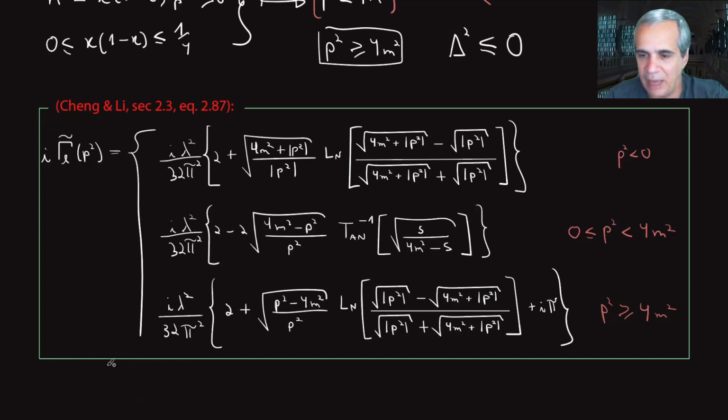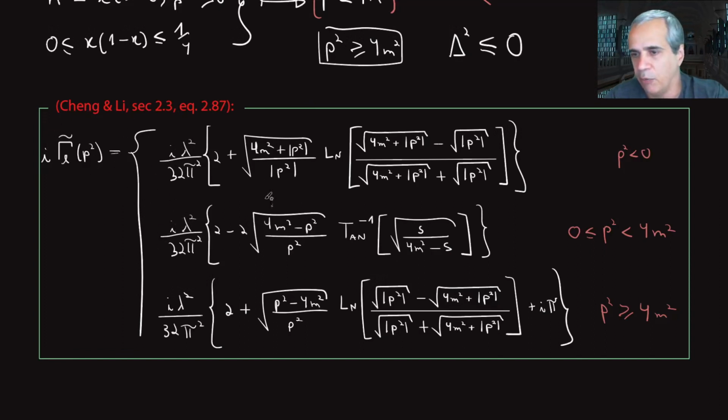Analytically, what is happening here is that once you go above that point, this function, notice that here I have an I, and always an I on this side. So gamma tilde is real in this case, and it's also real in this case. I just have to eliminate the I on both sides of this equation.